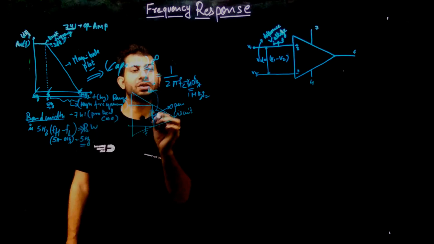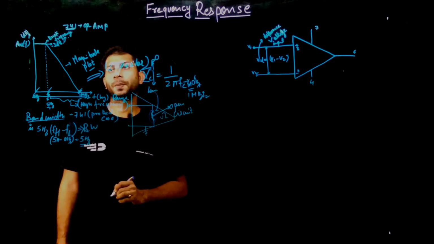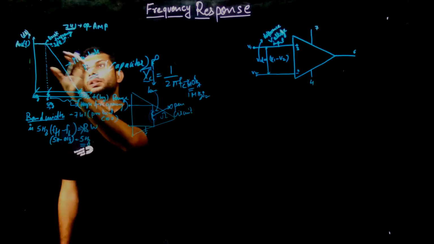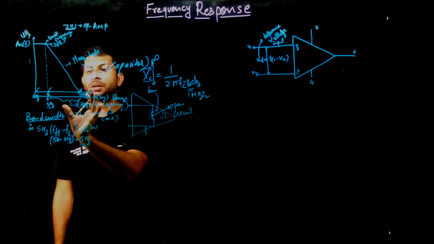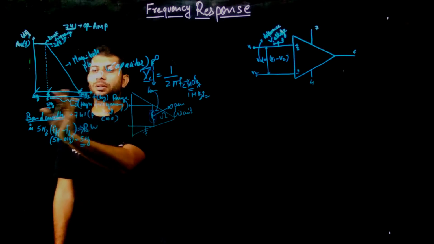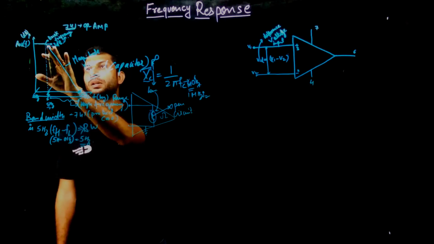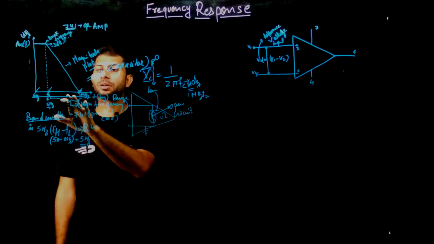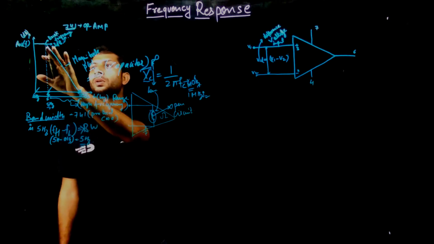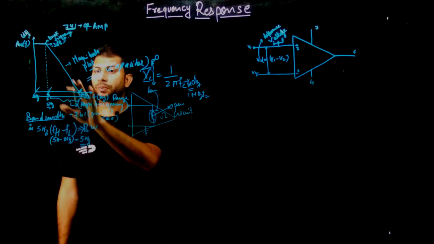Due to this phenomenon, the magnitude plot on the board shows that after increasing the frequency to the higher range, the gain comes down.